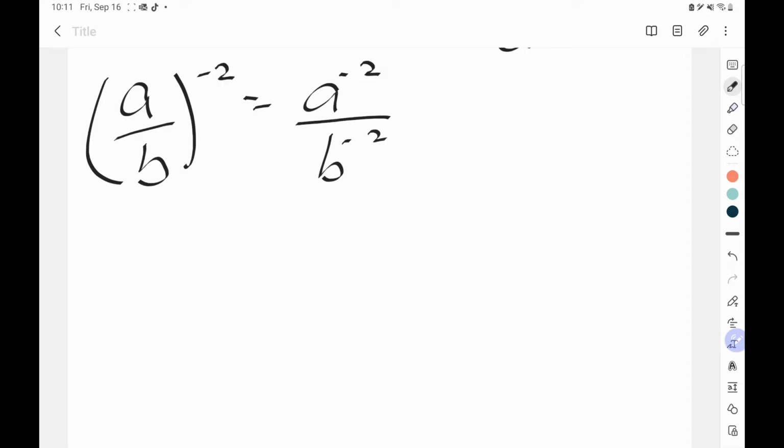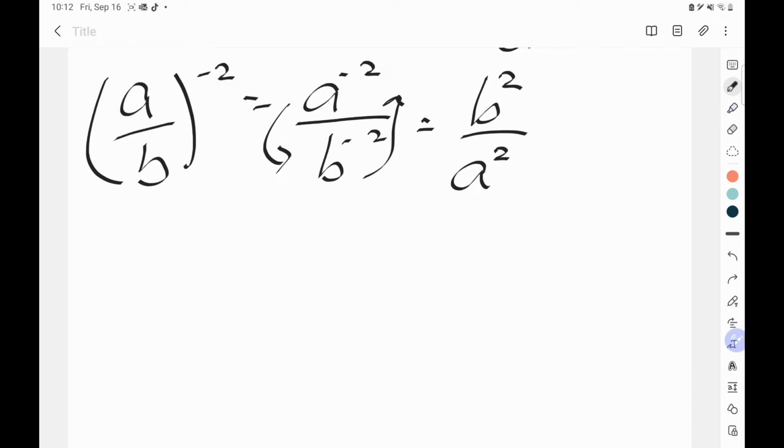But we have a negative exponent, so we have to find the reciprocal of a and then the reciprocal of b. So that becomes b to the power of 2 over a to the power of 2. So we reciprocate a to the power of negative 2 and we also reciprocate b to the power of negative 2. So we just have to put b up and we have to put a down. Then they become positive exponents.